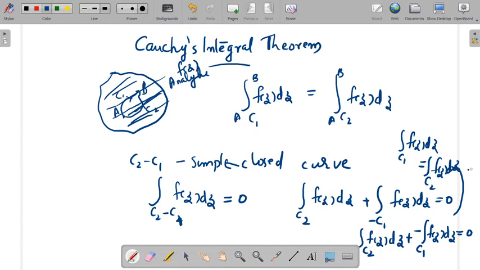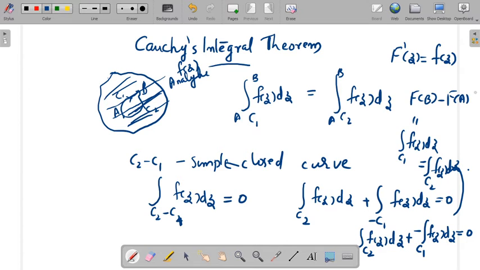So if the function is analytic, it doesn't matter through which path we go from A to B. If you take two different paths, the integral will be the same. And this we can see will be equal to F of B minus F of A, where F dash z is equal to f of z, or in other words capital F of z is the integral of small f of z.